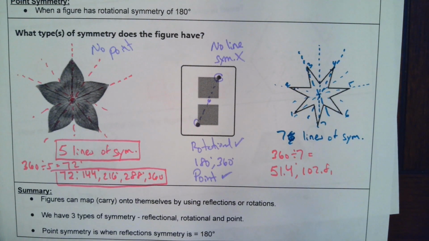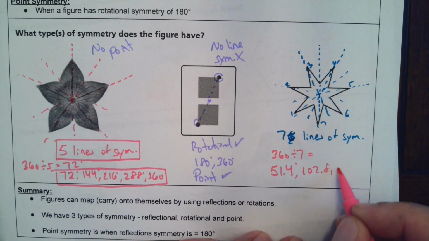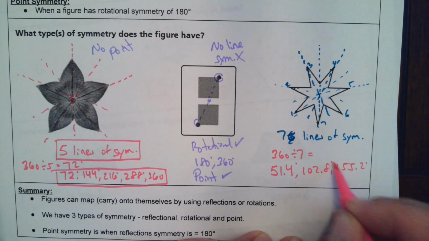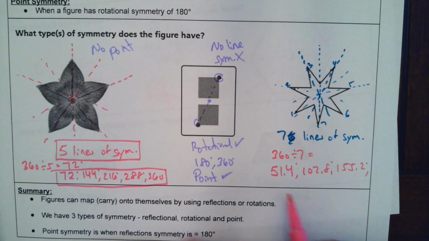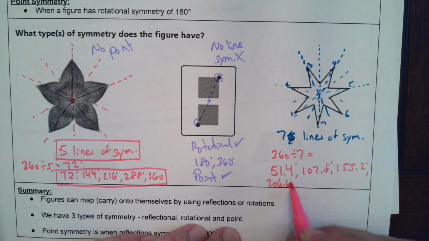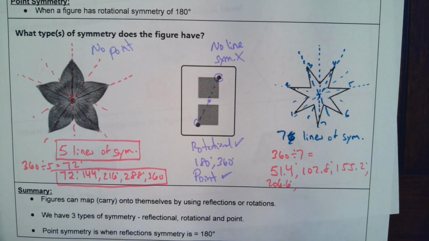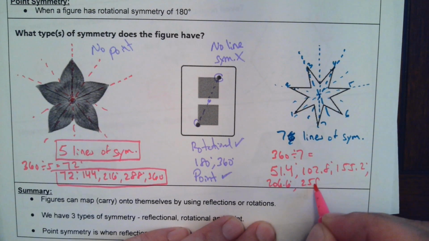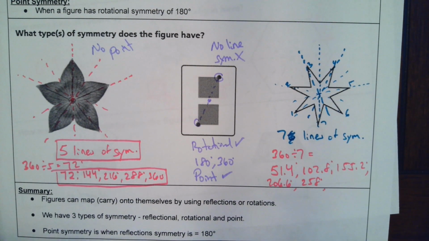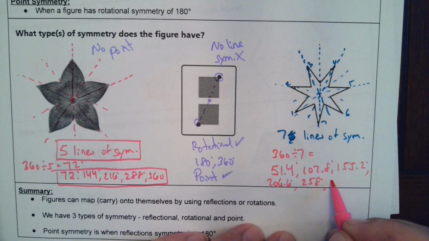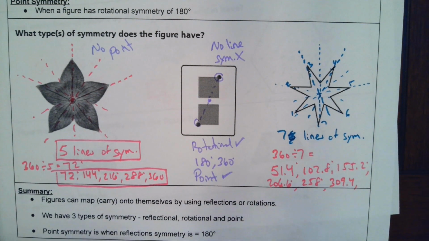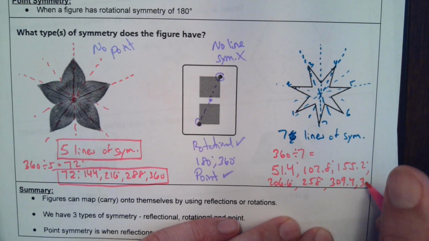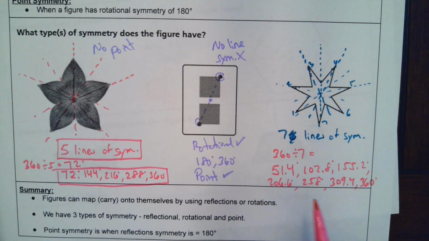Then 102.8, 155.2, 206.6, 258, 309.4, and then 360. I'm going to have to round for the last one.